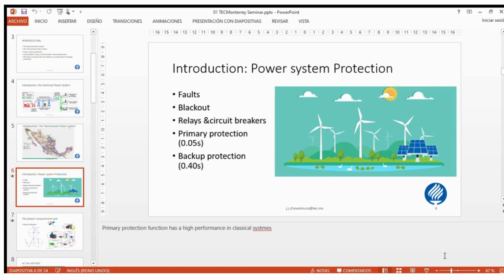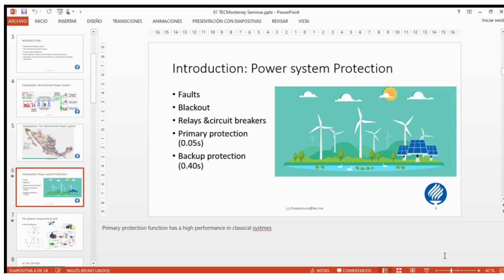But those elements can fail also, and sometimes they do not see the fault, so the fault evolves into a bigger problem, and instead of being only single phase, it becomes a three-phase fault and can damage any equipment nearby.